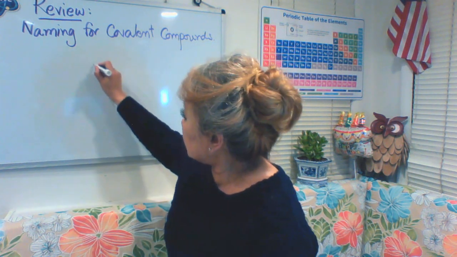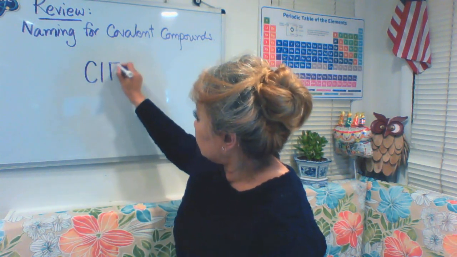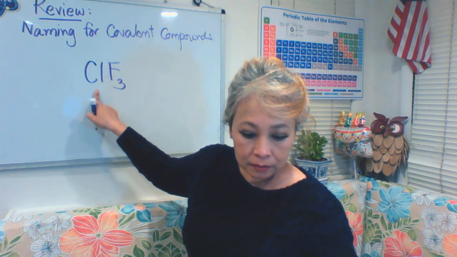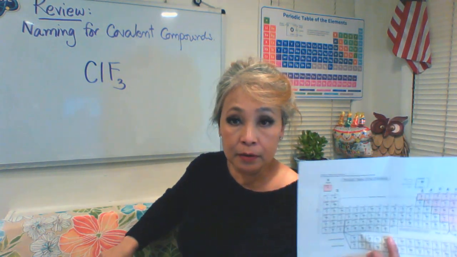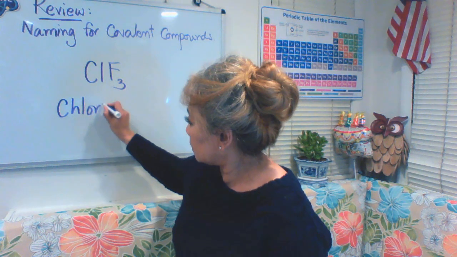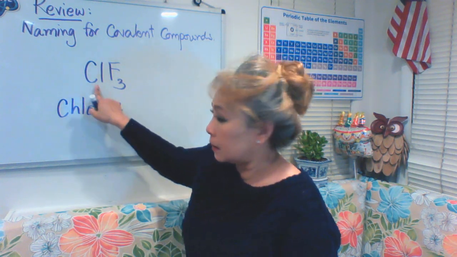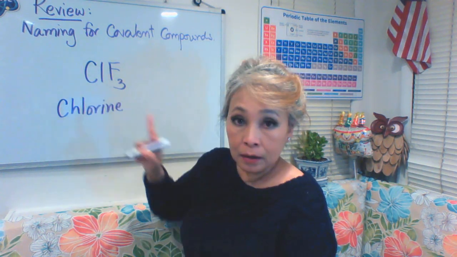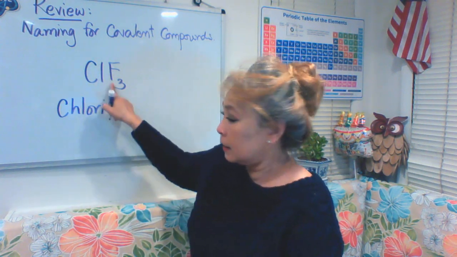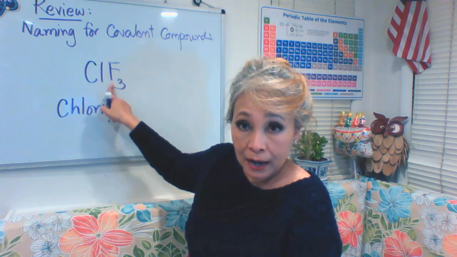And now ClF3. What is the first element? Cl. The name following the periodic table name. Cl is chlorine. How many atoms? Only 1. Put mono in front? No mono in front. The second element named with ide.